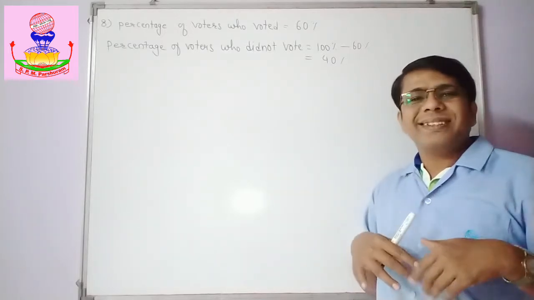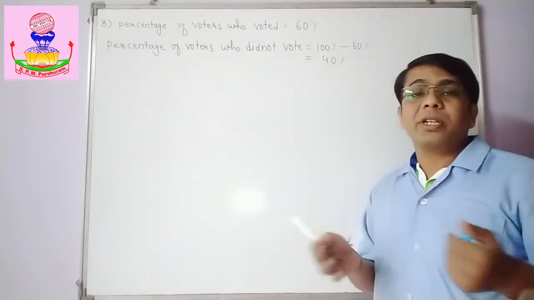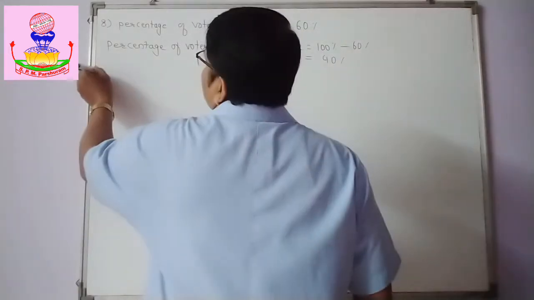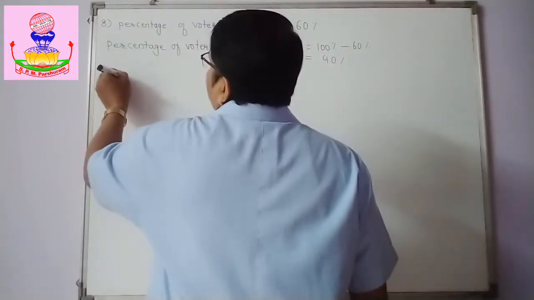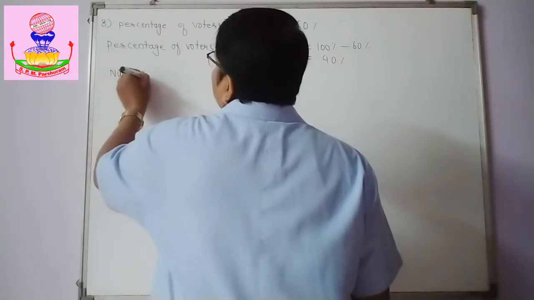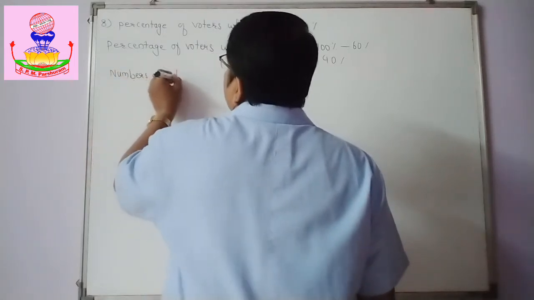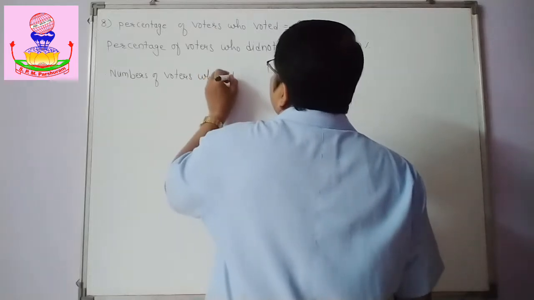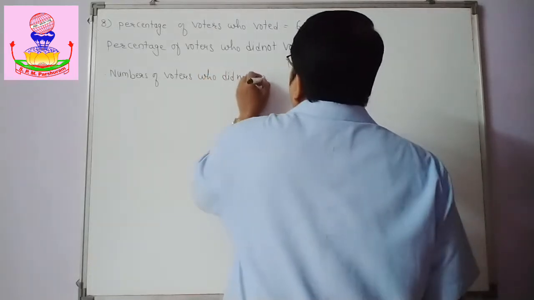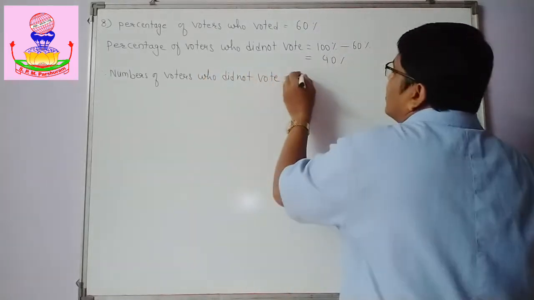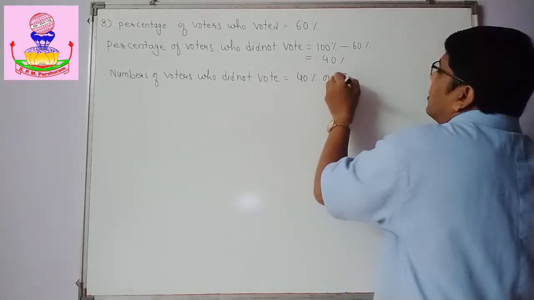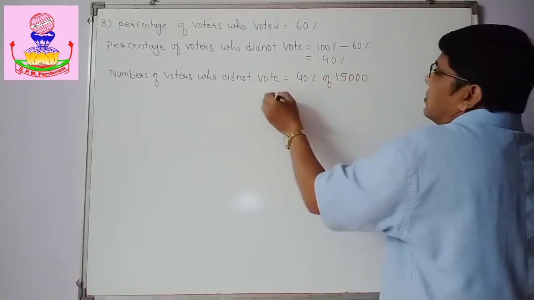Therefore, number of voters who did not vote is equal to 40% of 15,000.